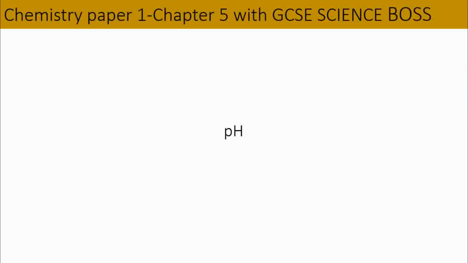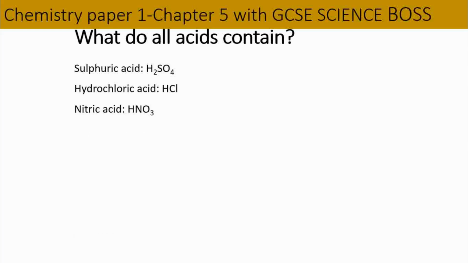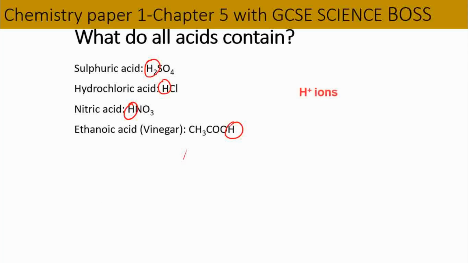Okay, good. Now, we're going to be looking at pH as well. All right, so all acids, you need to know the formula for all these acids. All acids contain hydrogen. So an acid is any substance which releases hydrogen. Even have a look at vinegar here. Ethanoic acid has a hydrogen which can be released.